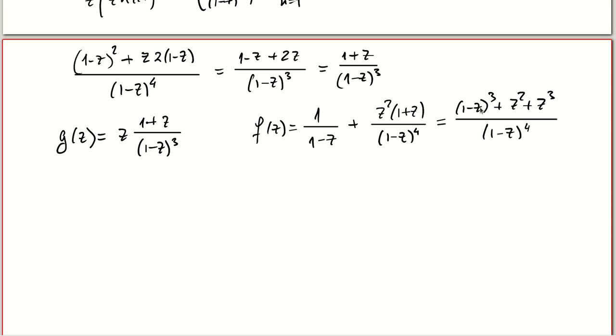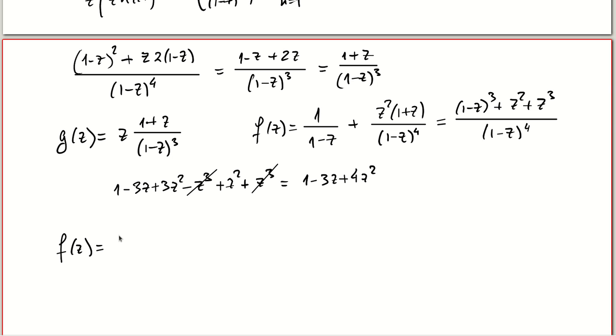If we expand the numerator, it is 1 − 3z + 3z^2 − z^3, which is the expansion of this binomial, plus z^2 plus z^3. You have z^3 here, they go away. So what we have up here is 1 − 3z + 4z^2. All right, so f is (1 − 3z + 4z^2) over (1 − z)^4.